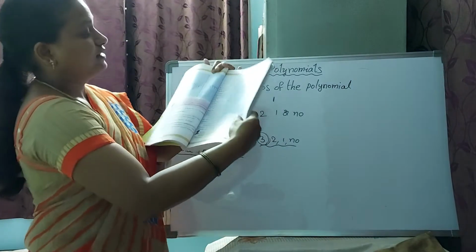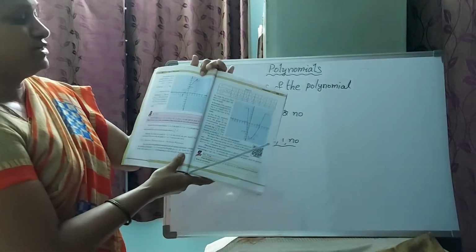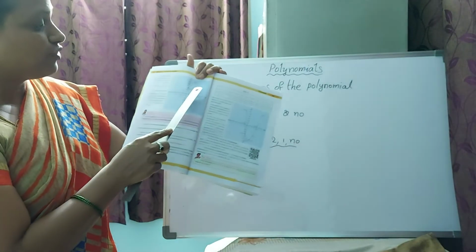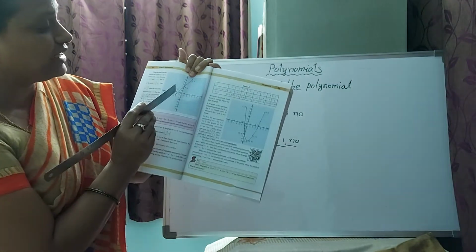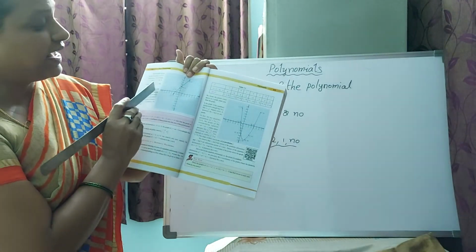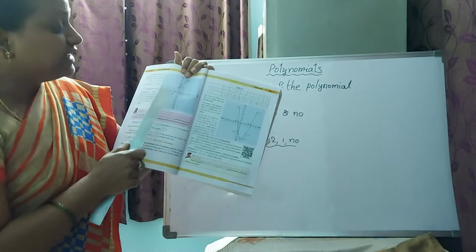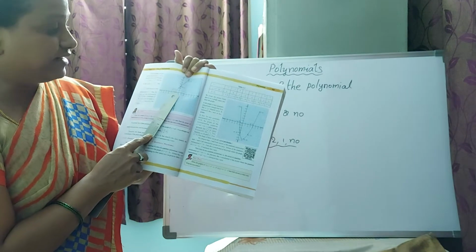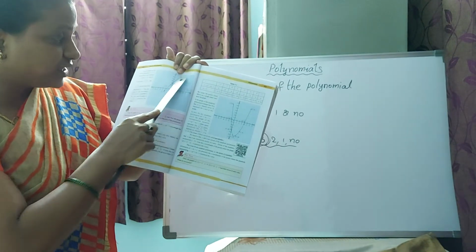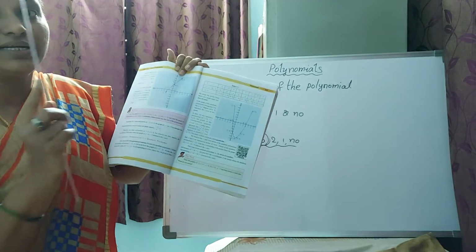See here, page number 52. For this one, it meets the x-axis at only one point. That is known as the zero of the polynomial. For the linear polynomial, only one zero will be there. If that straight line meets the x-axis at one point, we call it one zero.